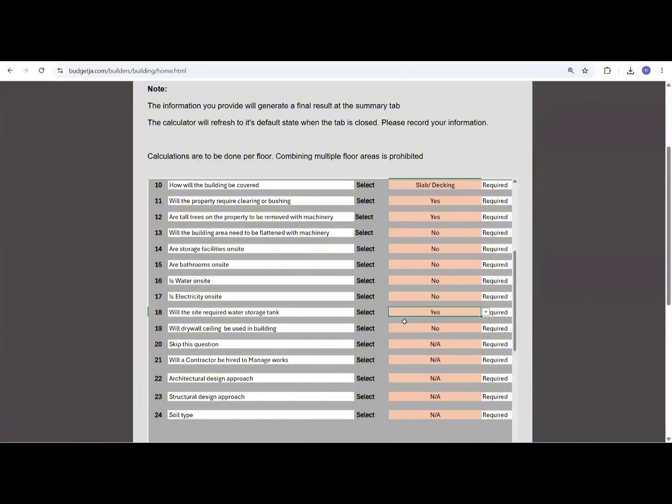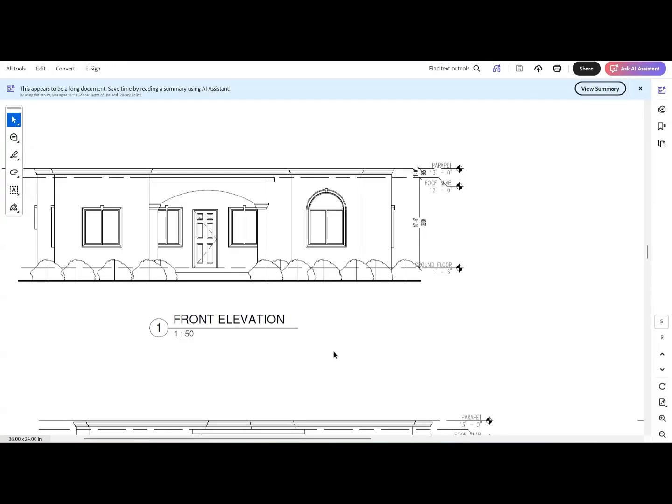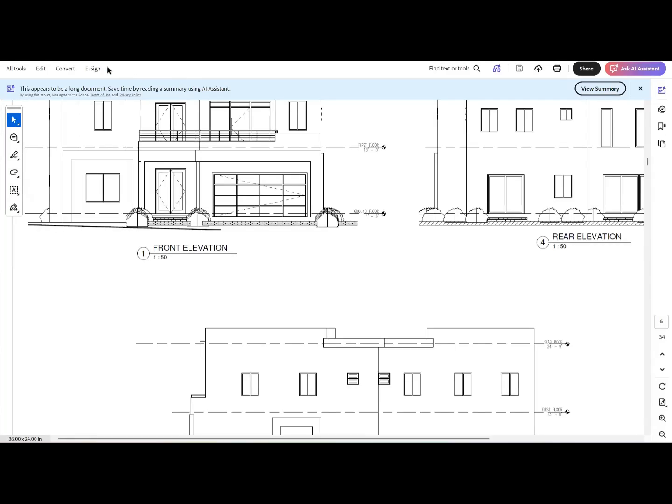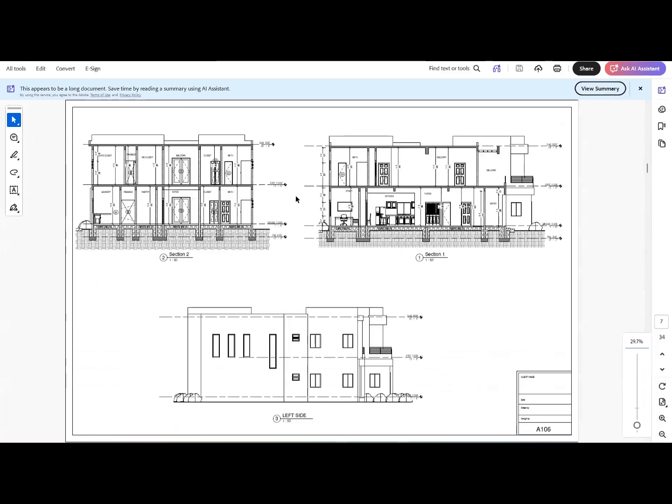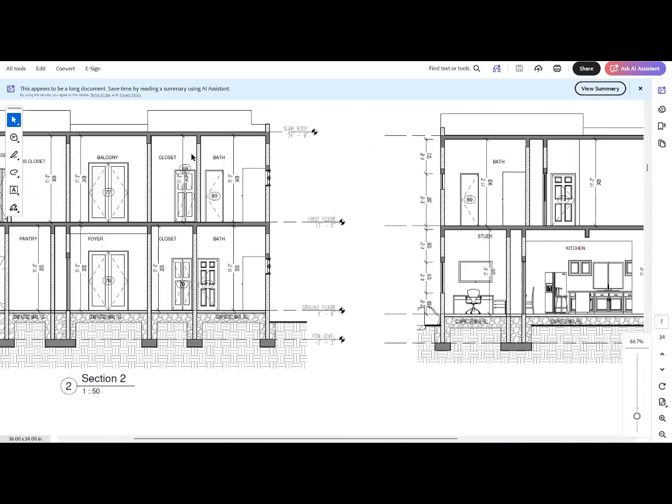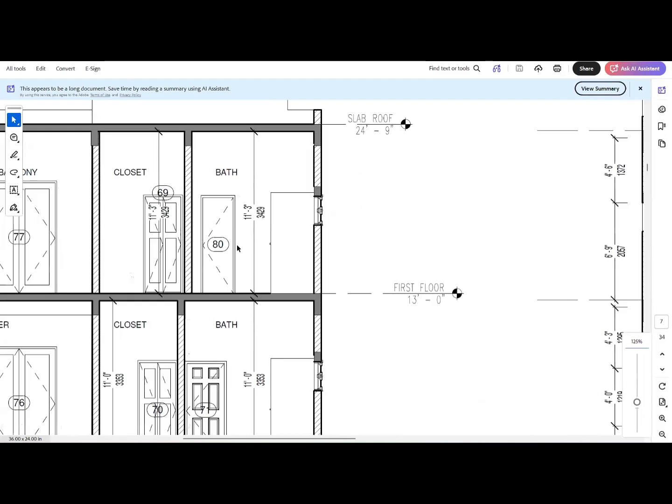Now, question 19 is asking about if there's any suspended drywall ceilings that are a part of the building design. That is something that you can observe from drawing sections, but there are other cases where there's ceiling design. For instance, this particular scenario is showing the similar thing to the one that I just looked at.